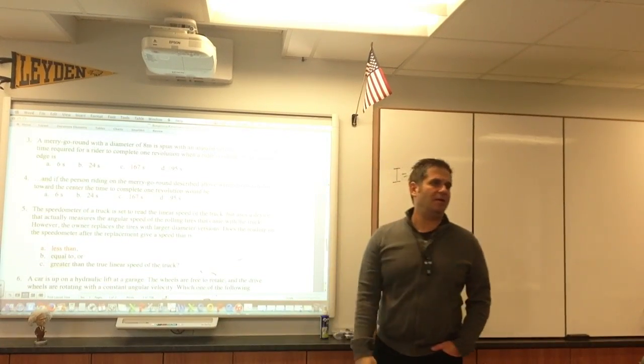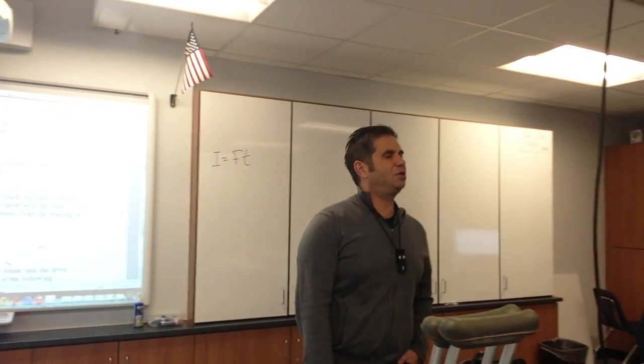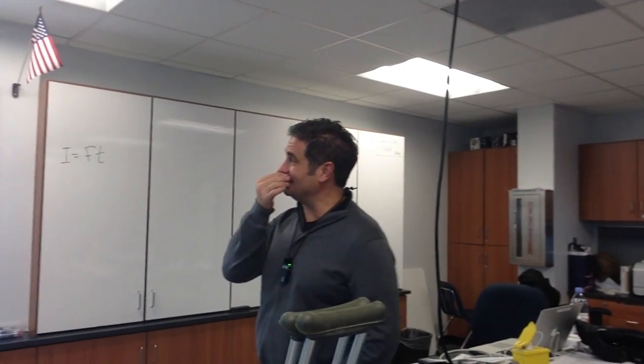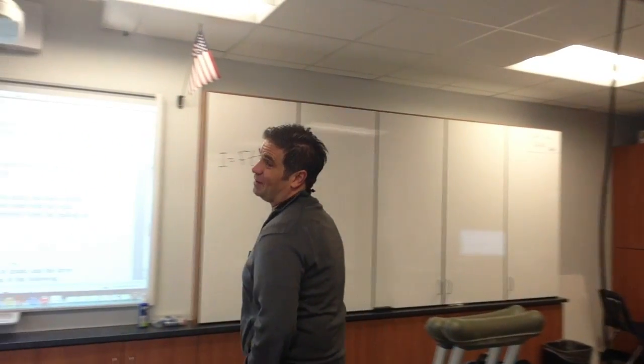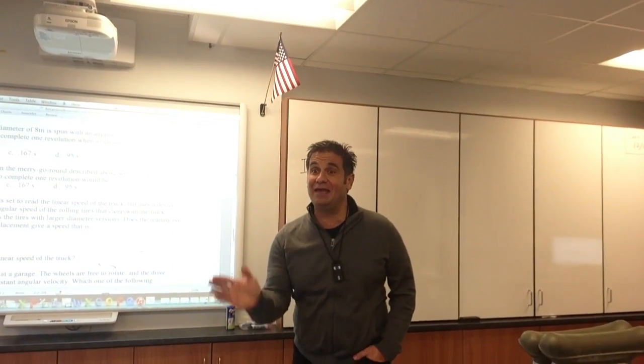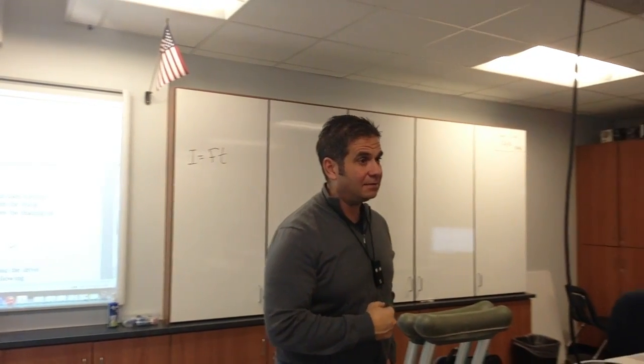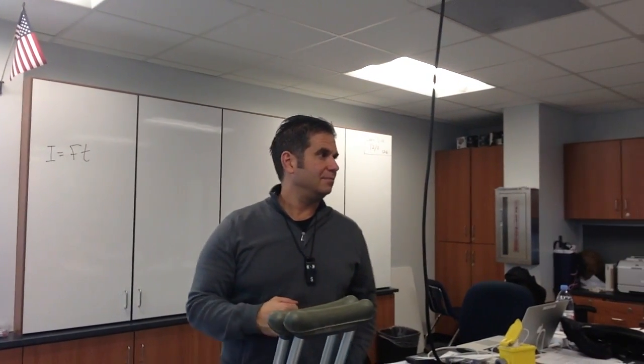Numbers 3 and 4 ensure that you were really paying attention to what I was asking you in numbers 1 and 2, right? So you look at 3 and 4, and it says the merry-go-round goes around at 6 revolutions per second. So I give you the angular velocity. From that, can you figure out the period? Yeah, you can, right? If I know how frequently the wheel is turning, I can figure out what the period is.